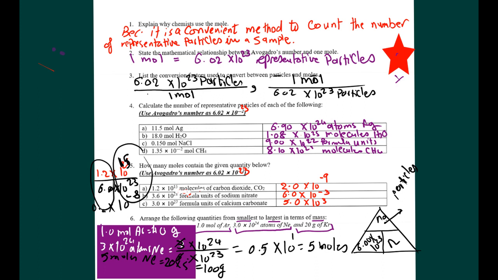In this way, you can arrange them in the correct order: 20 grams of krypton is smaller than 1 mole argon, which is smaller than 3 times 10 power 24 atoms of neon.